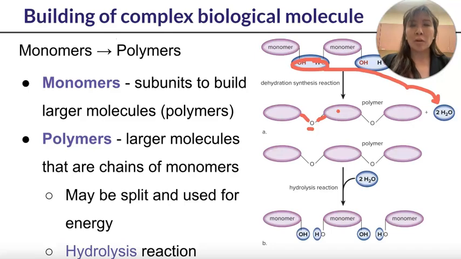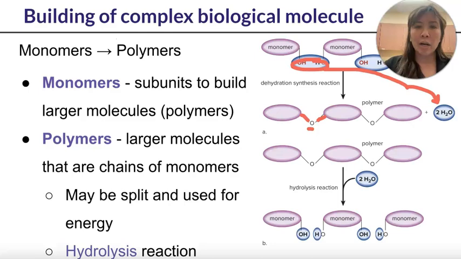For us to be able to use glucose, let's say you're eating a loaf of bread and your body digests it. That's a complex carbohydrate, as we'll see in a little bit, and your body is going to break that down into simpler subunits of glucose that we can then use to make energy.